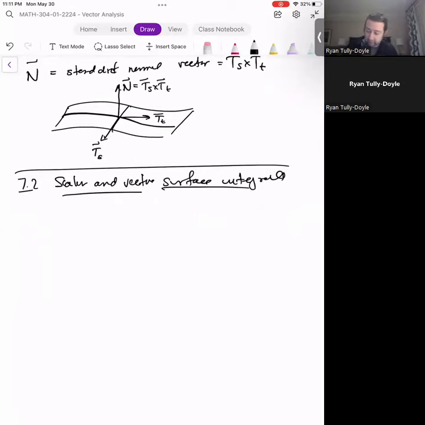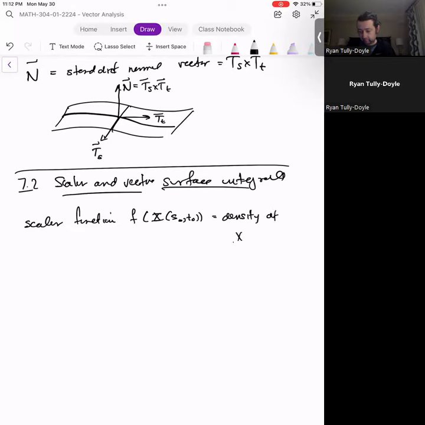So if we think about a scalar function f, what does f do? In three dimensions, f looks at some point s naught, t naught on the surface and spits out a density at x of s naught, t naught.